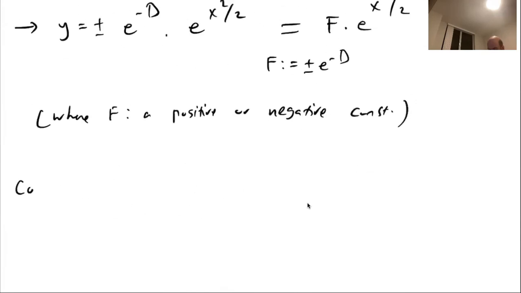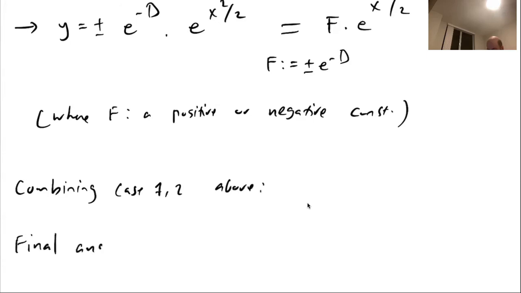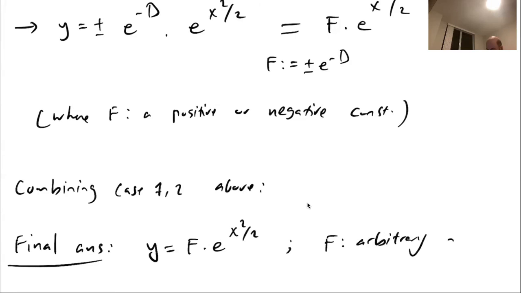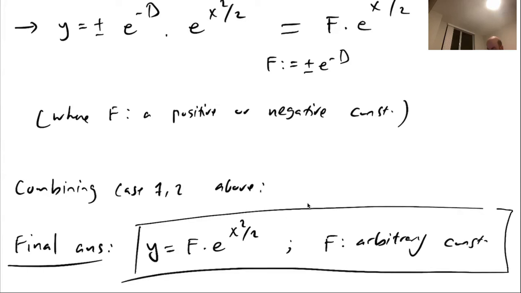Now, if I combine case 1, which was y equals 0, and case 2, then you can say that the final answer will be y equals f times e to the power x squared over 2, where f here is an arbitrary constant. Because in case 1, we had y equals 0, which corresponds to f equals 0.